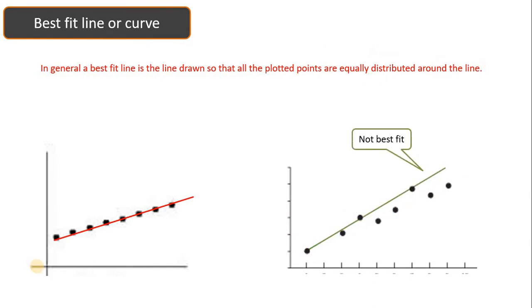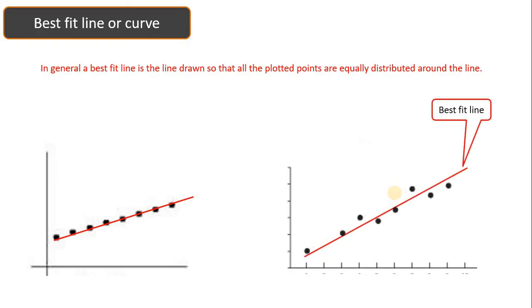Clearly, this is not a best fit line either, because we have a point below, but we do not have one above. But we can have this as a best fit line. The reason is, the concept of best fit line is, if you see, we have these 2 points above the line and these 2 points below.